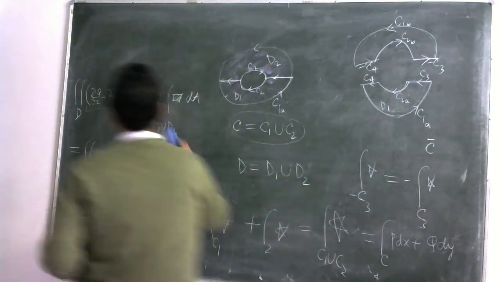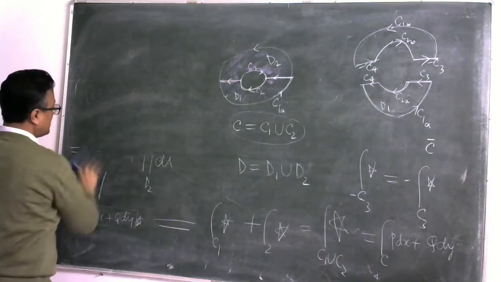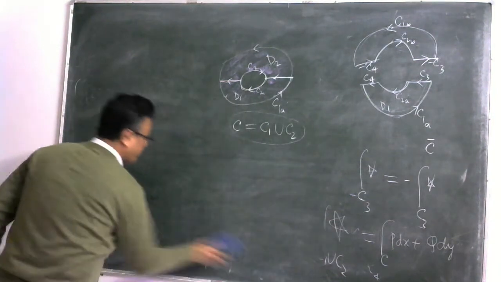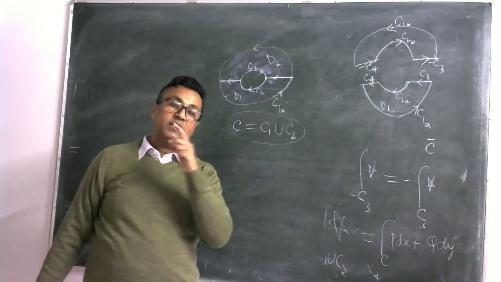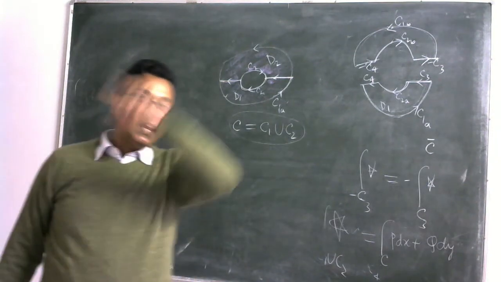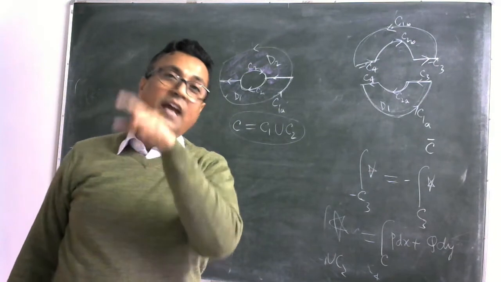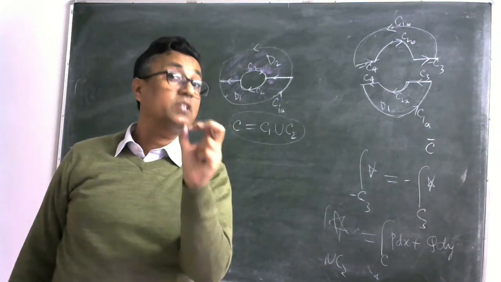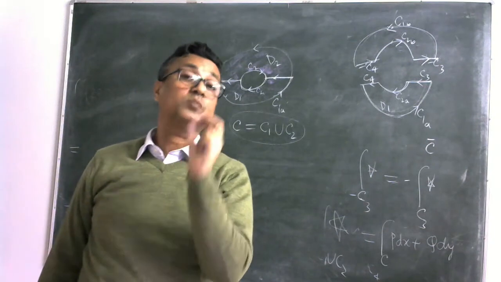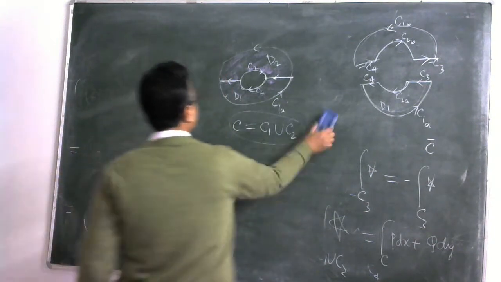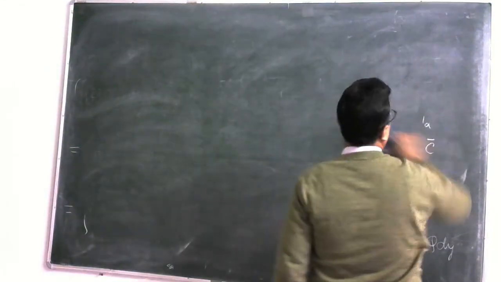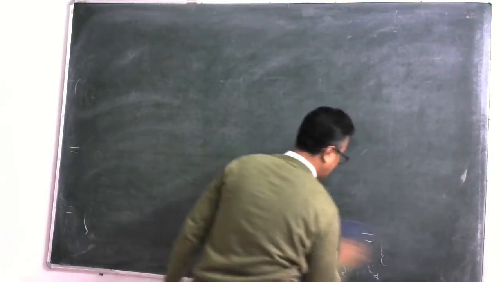So for that, remember, it is talking about any curve which encloses the origin. That curve is positively oriented. So I have to take that curve in the anti-clockwise direction.